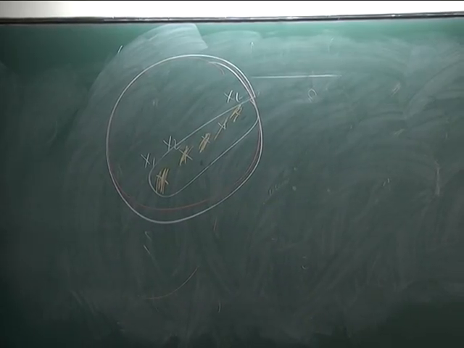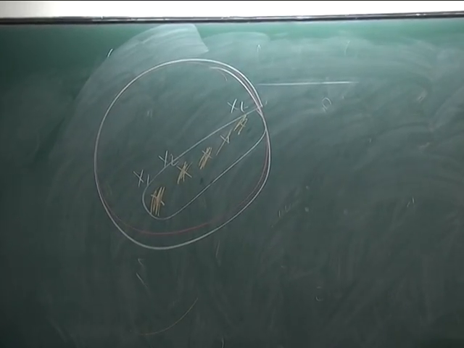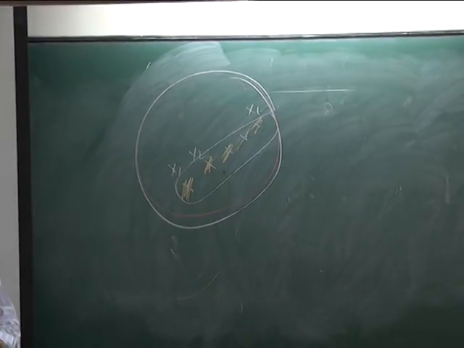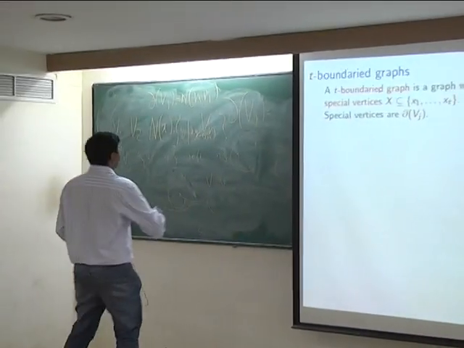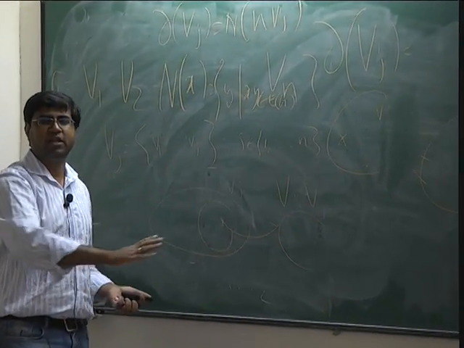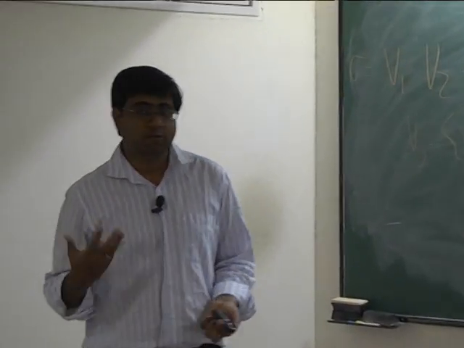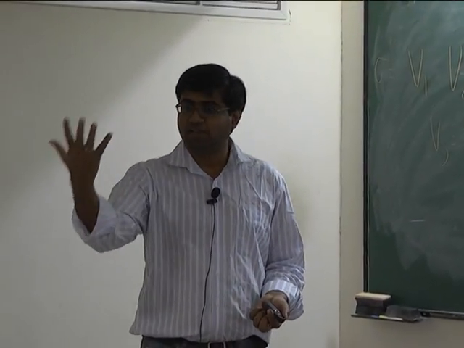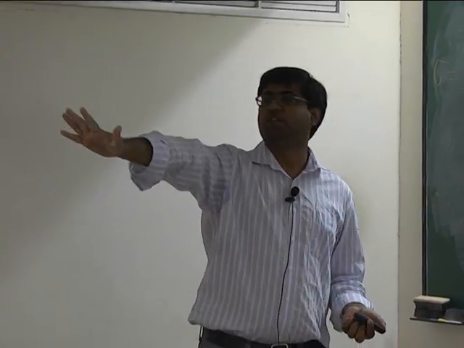If you look at their ordering, I am trying to call the vertices which are on the boundary special vertices. So I am trying to give a definition of a t-bounded graph, where this boundary is coming very naturally. Let's just forget this for a moment and define the notion itself. I start with an arbitrary graph, I call some t vertices and say, hey, these are my special vertices.